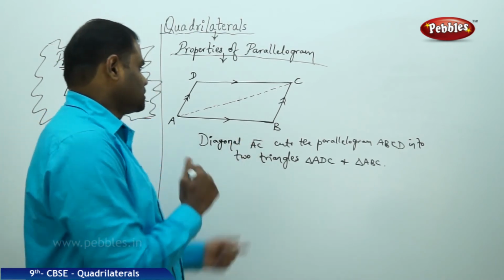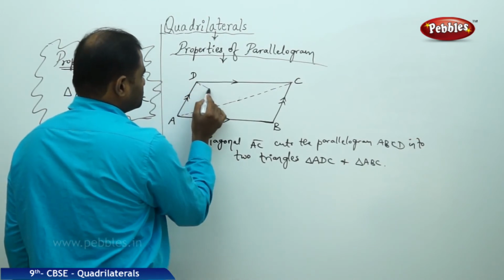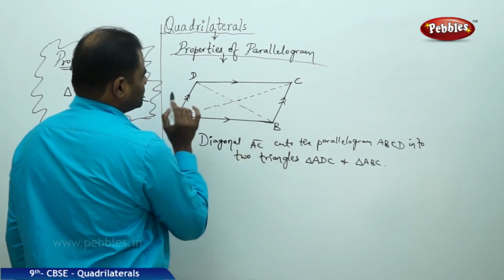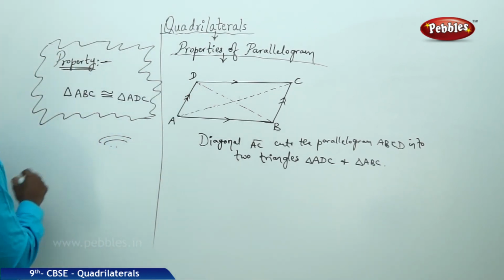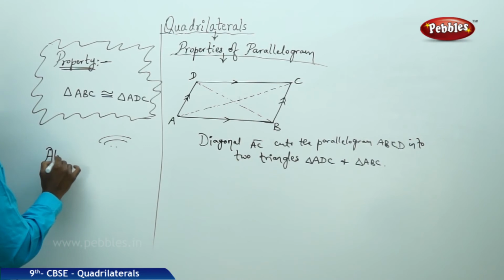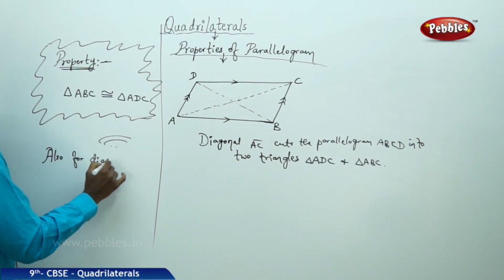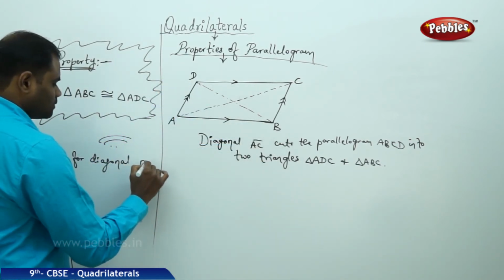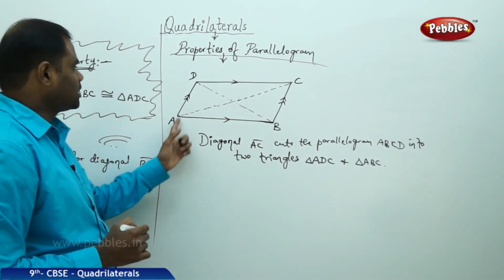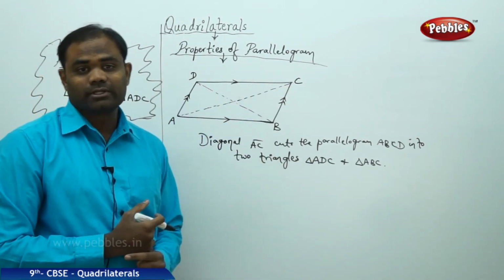Let's take the other case. If I have another diagonal which joins D to B, now again for diagonal BD I have two triangles, ADB and BDC, which are also congruent to each other.